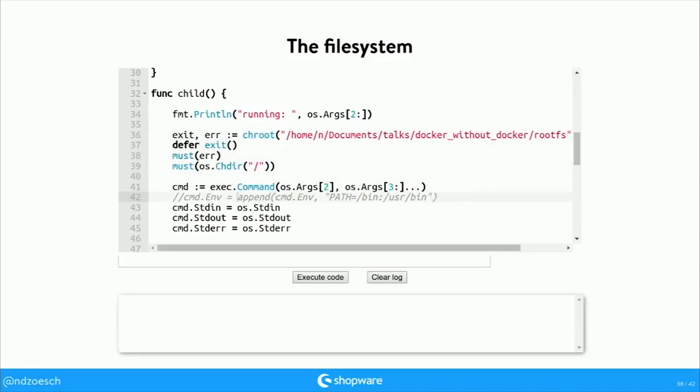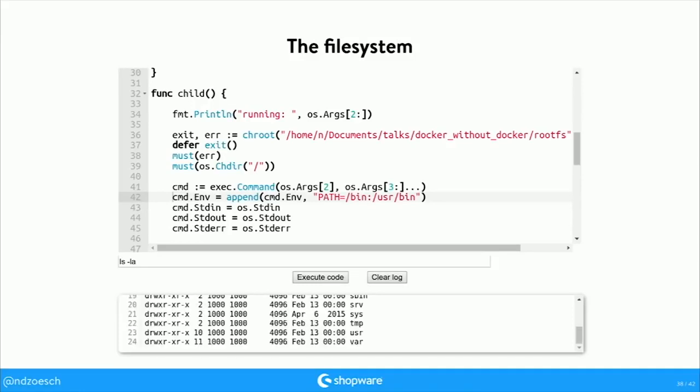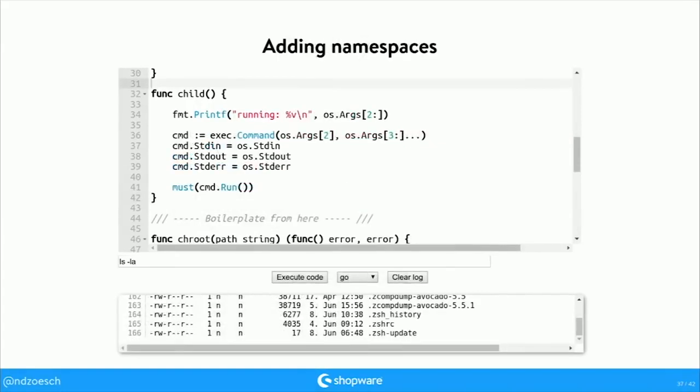Okay, and just for convenience, I create a new environment variable here, and I'm adding /bin and /usr/bin to PATH. Otherwise, I would have to type /usr/bin/ps and so on. Everything should now be set up file-wise, so ls -la. Then we execute the code, and as you can see, or maybe you remember, this is something different from what you saw before, and I can prove it.